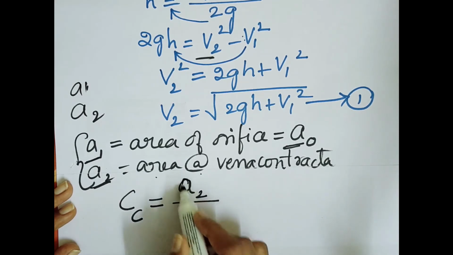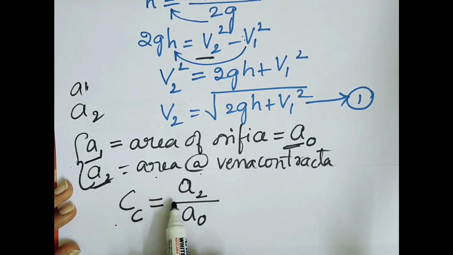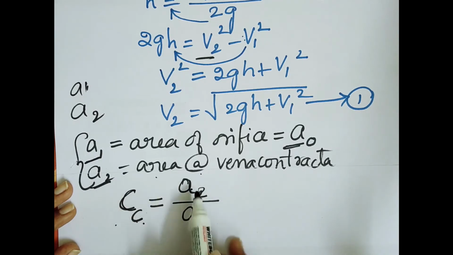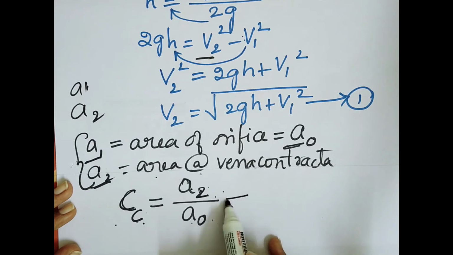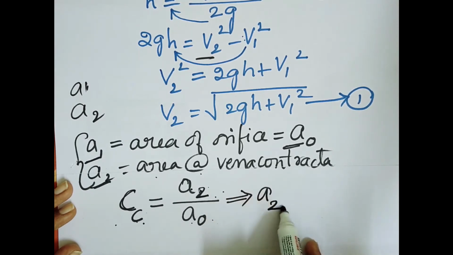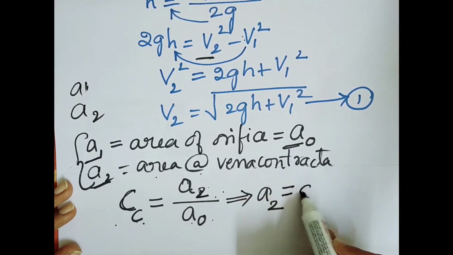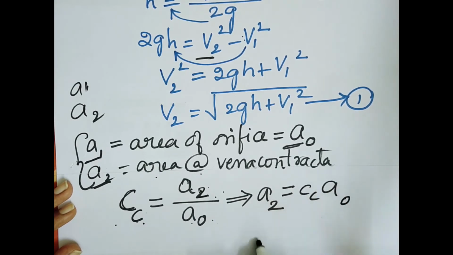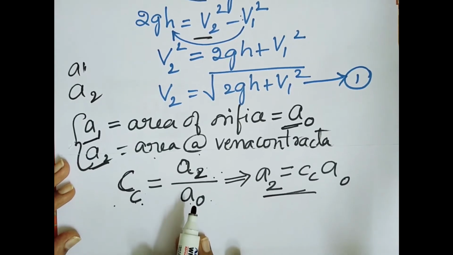We know the definition of coefficient of contraction: it is the ratio of the area of the jet at vena contracta to the area of the orifice, which is A2 divided by A naught. From this you can derive A2 is equal to Cc into A naught.